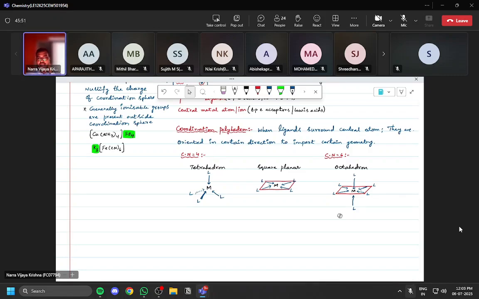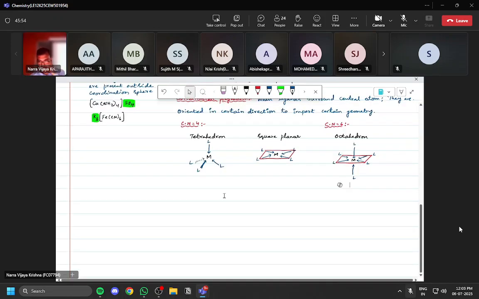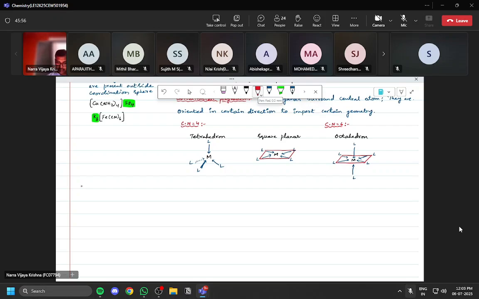Next, coordination number 5. Generally, coordination numbers 4 and 6 are the general ones. Most complex compounds will have coordination number either 4 or 6.